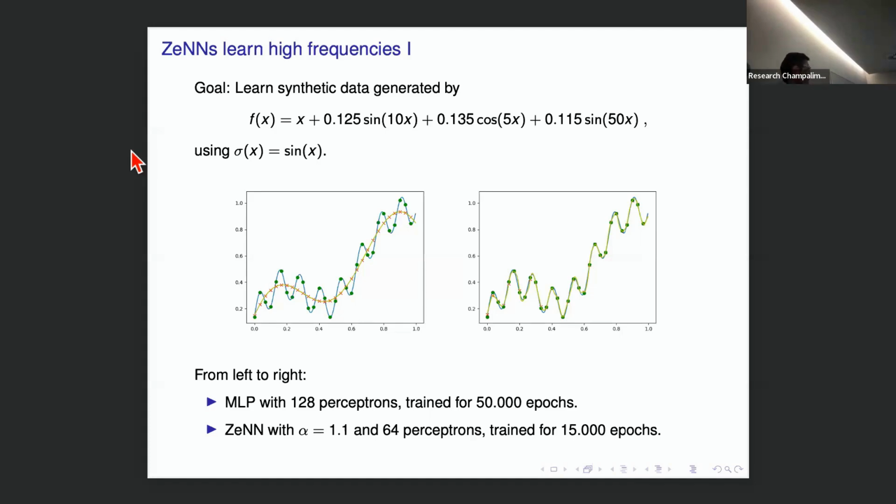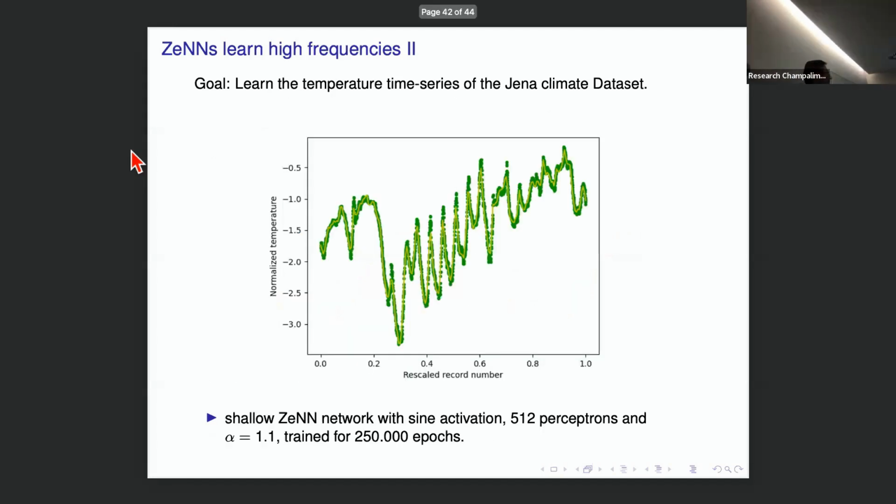And you can see that it fits much better. The yellow one is the one that we generated, and the green one, actually blue, but the points are green, is the one that is learned. But it gets green on the right because our yellow goes on top of the blue, so it becomes green because it's so very good. I'm joking.